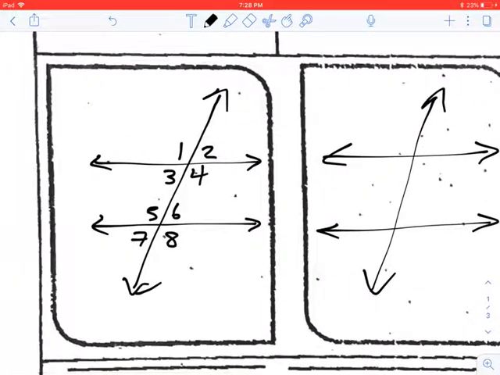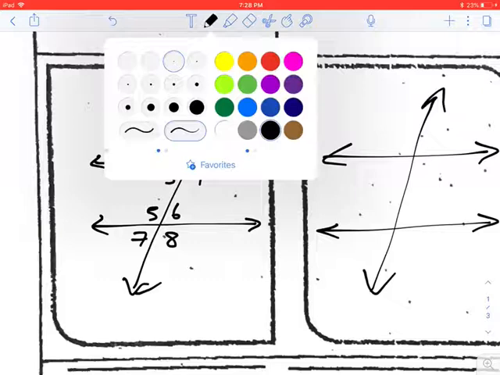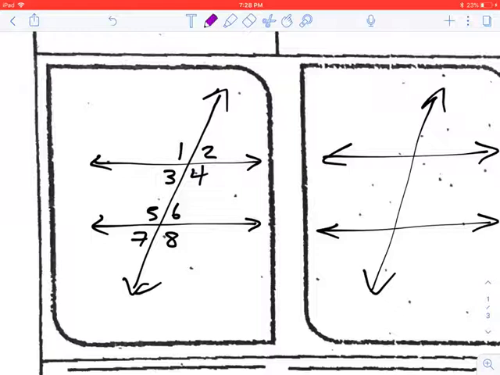Okay, so like we said on our worksheet, we have actually 4 corresponding angles. So I've got 1, top left, corresponds with 5. 2 corresponds with 6. And then I've got 3, I'm going to put a little mark like that, corresponds with 7. And I'm going to put a little mark like that with 8 and 4.